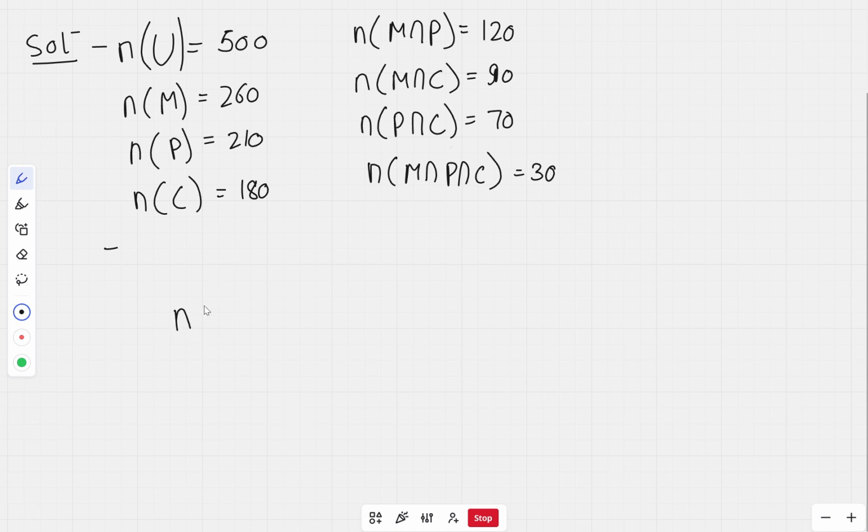It's written as number of elements in M union P union C. This is basically the union of set M, which is maths, set P, and set C, combined. If we look at it from the perspective of Venn diagrams, it is basically a Venn diagram of three sets.